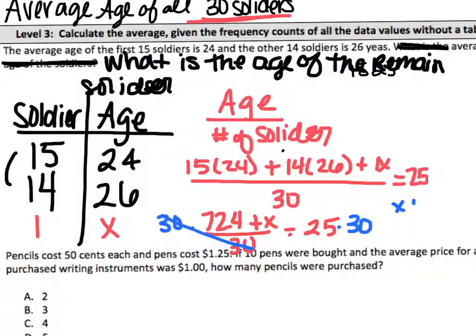So I get x plus 724 equals 750. I'm running out of room. Then I'll subtract 724 from both sides, and x is going to equal 26. So that means in order for the average age of all the soldiers to be 25, the last guy has got to be 26 years old.